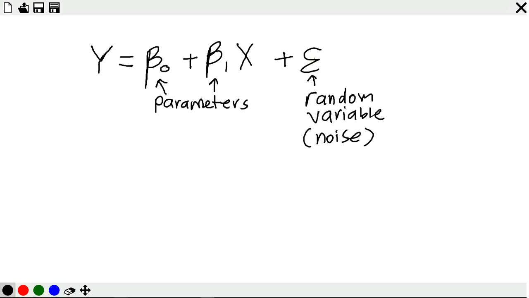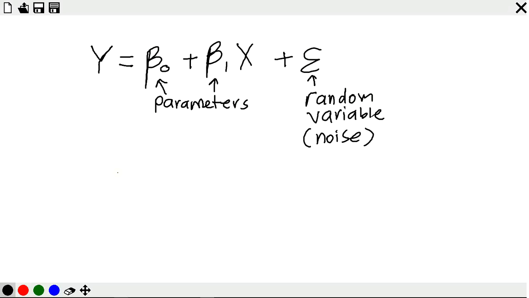So for every observation where x is some value, we have this linear relationship with the intercept and the slope, but we also add to it some random noise. This is why when we plot these lines of best fit, it's never perfect. There's always some variability.